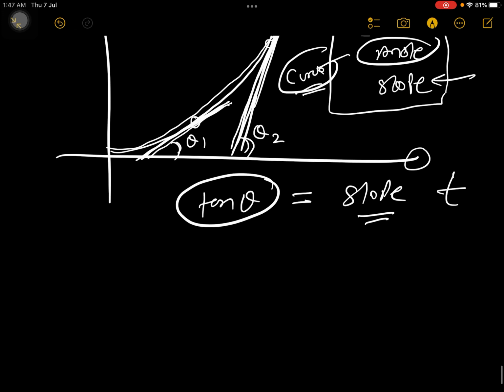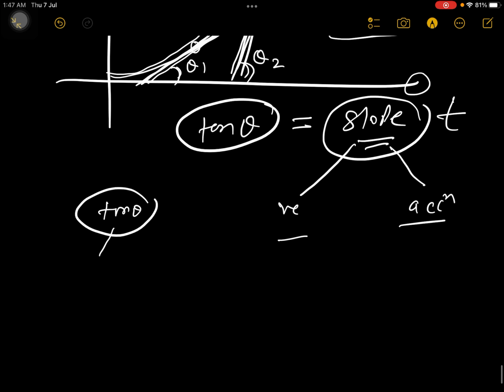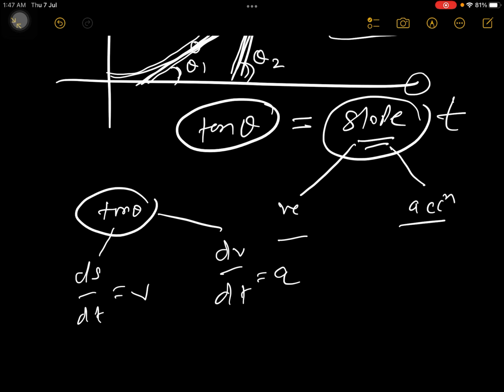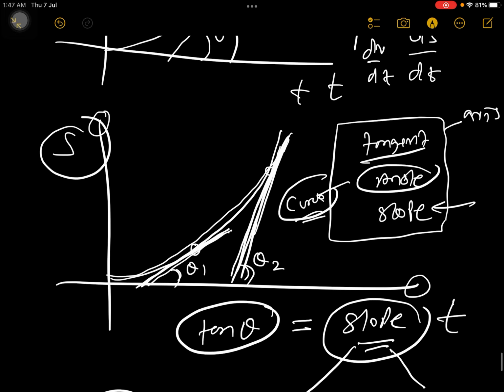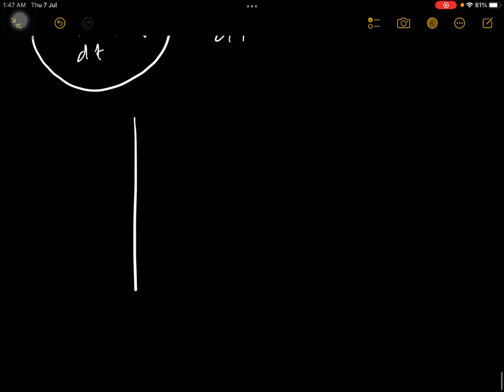Now it depends. Your slope can represent velocity also, it can represent acceleration also, right? It means this tan theta that you are finding is either going to be ds by dt, which is nothing but velocity, or it is going to be dv by dt. This means acceleration, correct? But right now I am teaching you the distance time graph, so this will be my slope, right? So this is what I was saying.